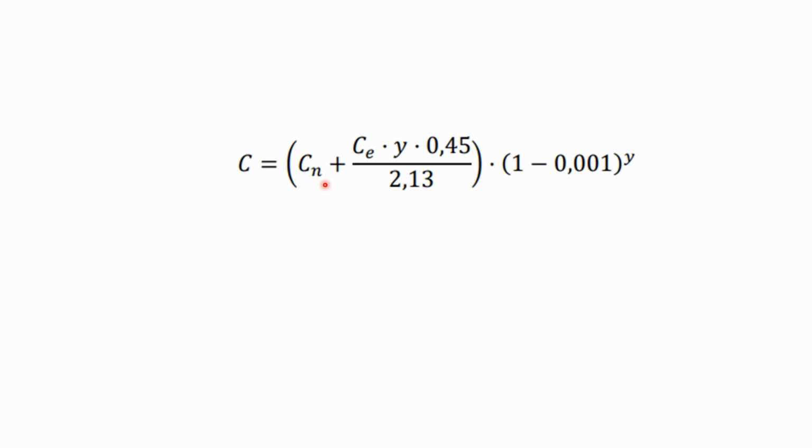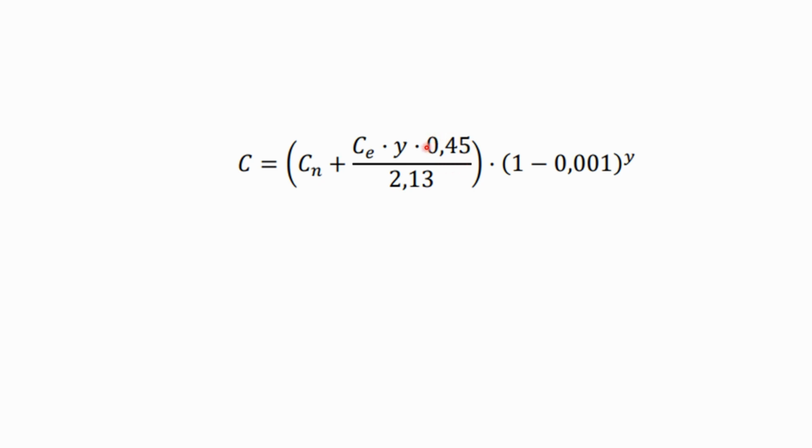So we are going from time n to time t. In this time period, we will emit this CE amount of carbon per year as an average, and then we multiply this with the number of years between n and t, and we multiply it with this factor here.